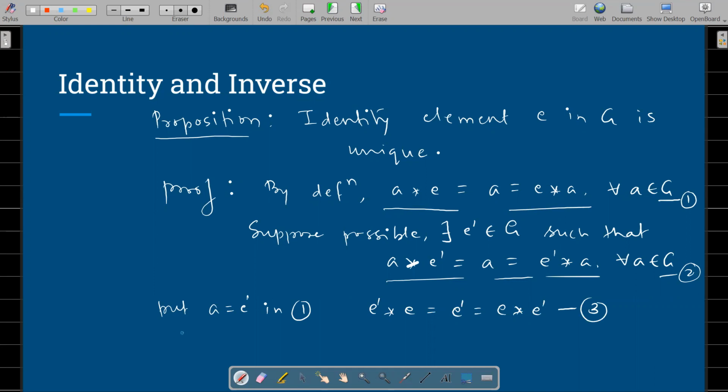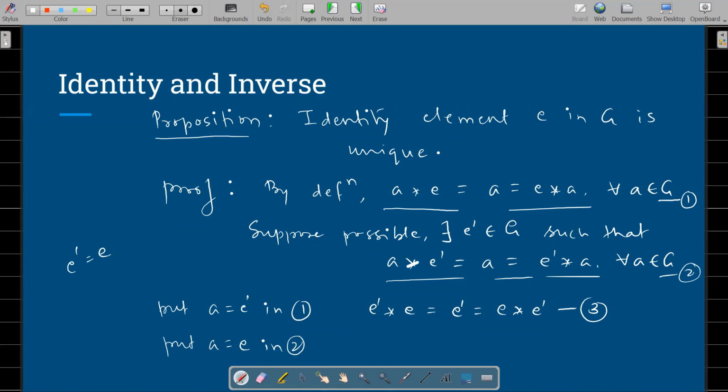And similarly I'll do it for equation 2. So put A equal to E. We just want to connect E and E dash, and essentially what we'll show is E and E dash happen to be same. So though I'm calling some element E dash as identity, essentially I end up showing E dash is same as E, so that identity element will be unique.